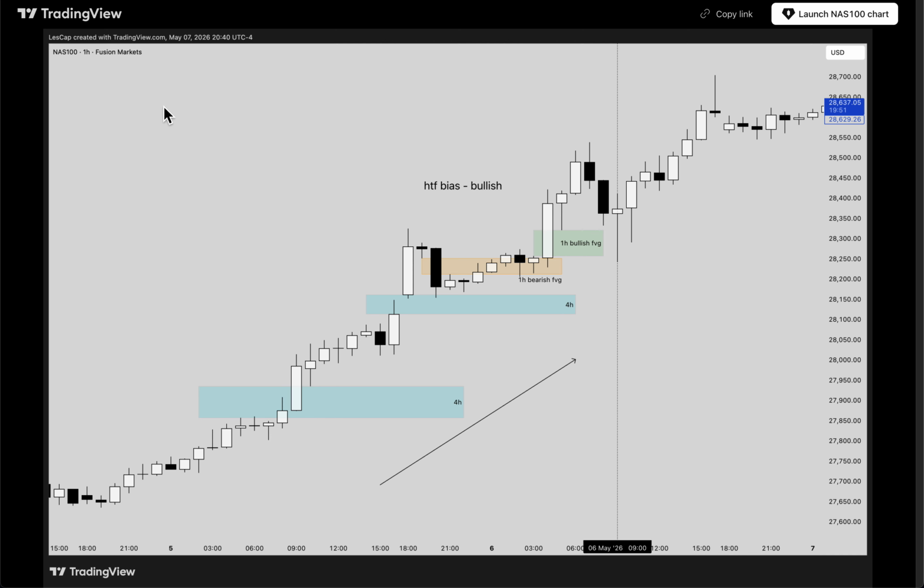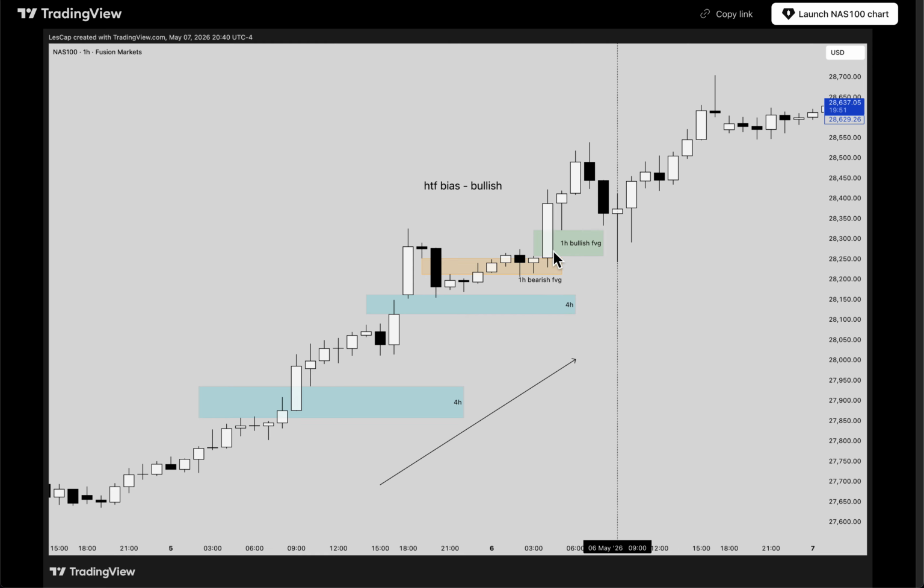On the 1 hour chart, if you want to get a little bit more surgical down from the 4 hour time frame, we can see the 4 hour FVGs have been annotated here. On the 1 hour time frame, there was a bearish fair value gap that got disrespected. This further adds to my conviction that the price is looking to go up.